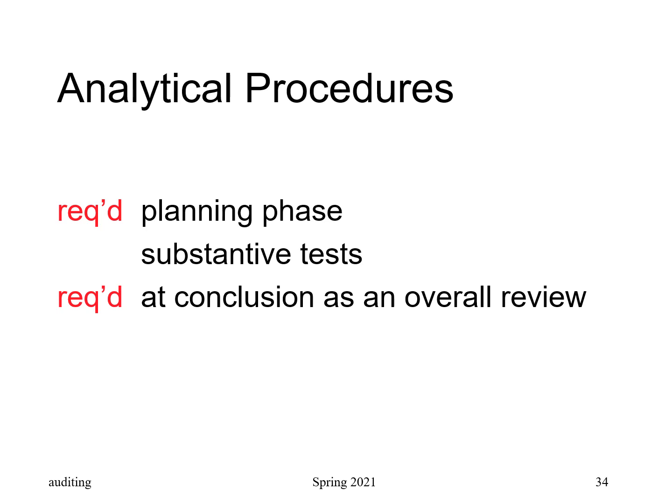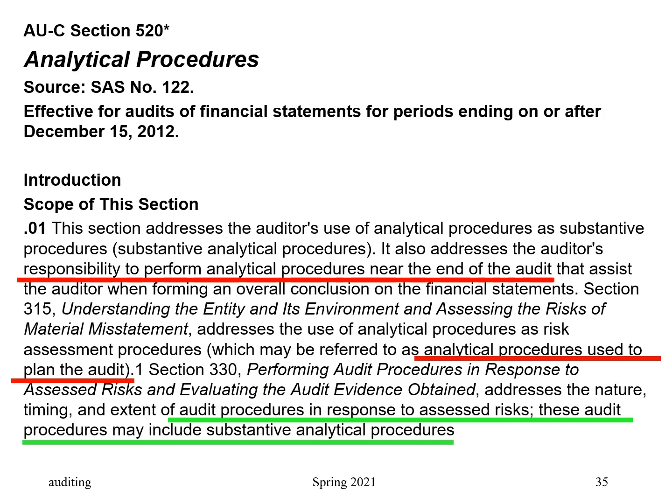We can use them as substantive tests, but that's not required. Ted's always going to recommend you do them as substantive tests because they're cheap. Okay, so here's the auditing standard, and it shows that, oh, we got to do it in the planning phases. We have to do it at the end of the audit. Oh, we can perform analytical procedures as substantive tests.